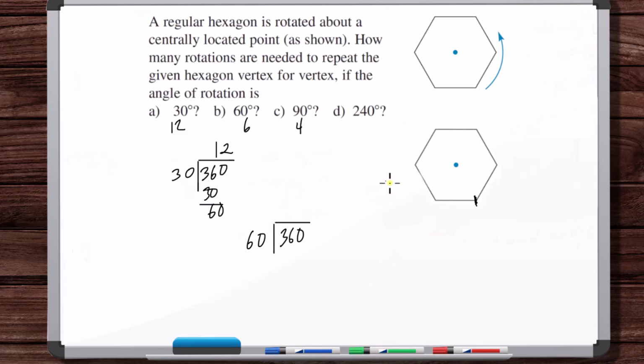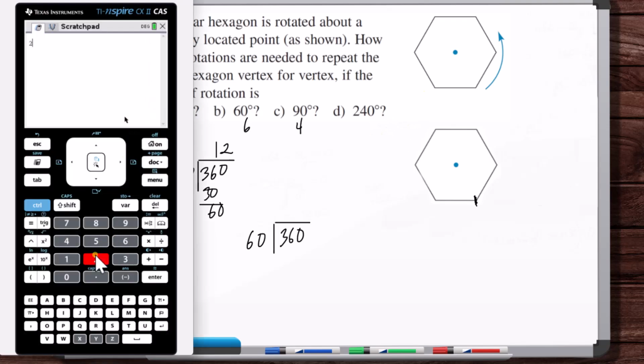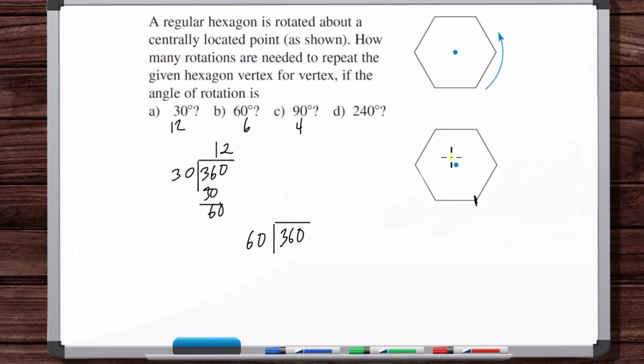So 240 times 2 is 480. 240 times 3 is 720. There you go. So that's 360 times 2. So if you apply this rotation 3 times, you'll be back at the original position, vertex for vertex.